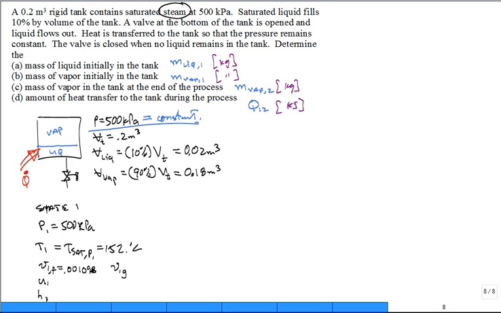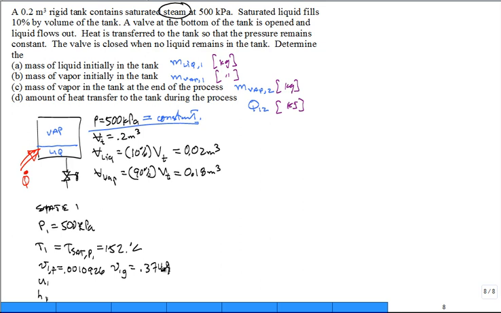Maybe I didn't pay attention too closely. Let me take a look. It's 500 kilopascal. How many bar is it? It's 5 bar. There it is, okay? And then V sub G, 0.3749 meters cubed per kilogram. So you get those out of the tables.